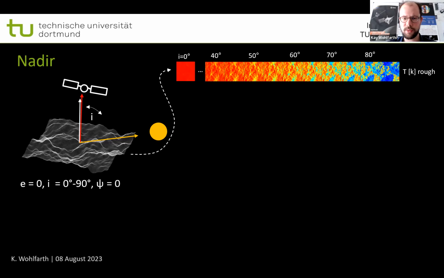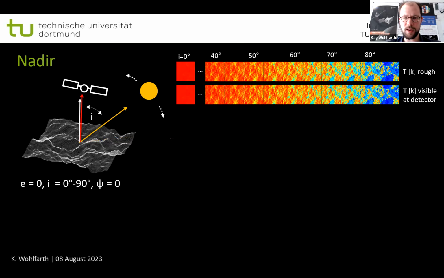The second thing that I plot is the temperature map of the local surface that is visible at the detector, and in the nadir case, because the spacecraft looks from above, we simply see every pixel, so everything is the same. And now we take the temperatures of one of these pixels, compute the Planck function, the thermal emission curve, and sum it up and project it so that we get the thermal emission as seen by the detector.